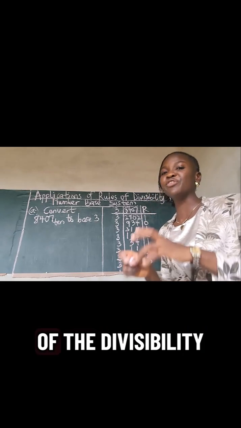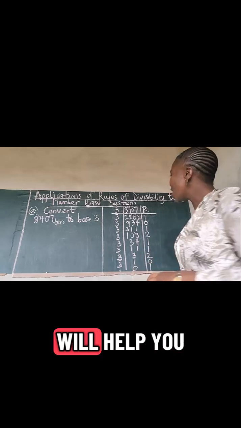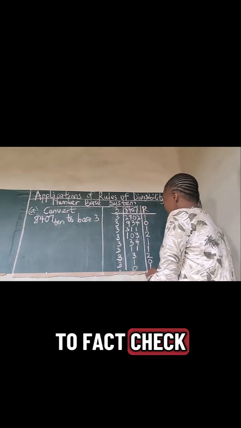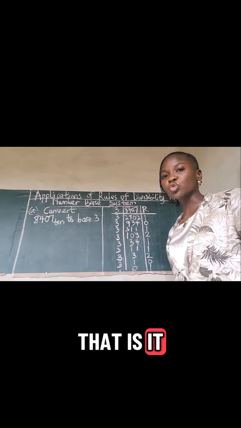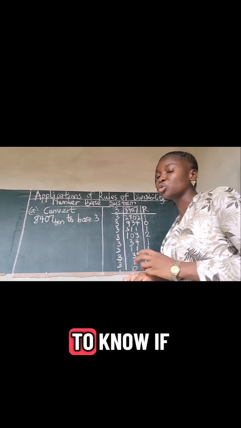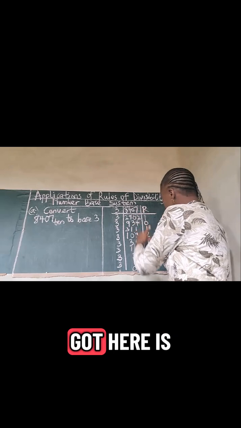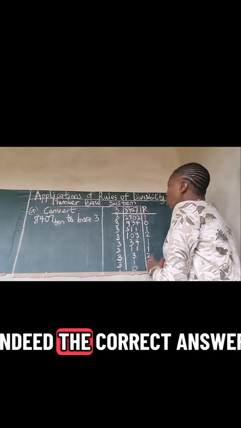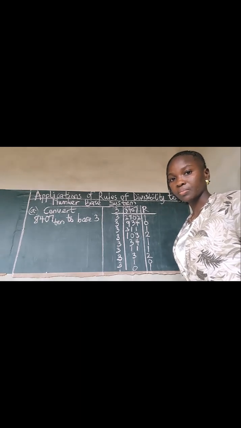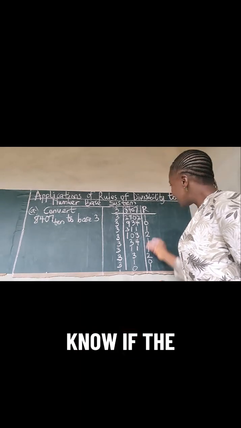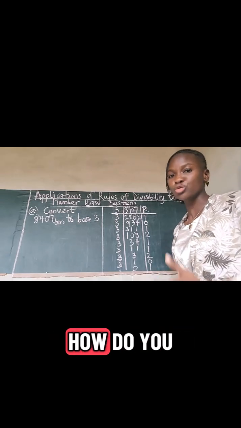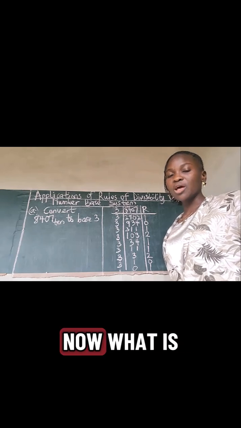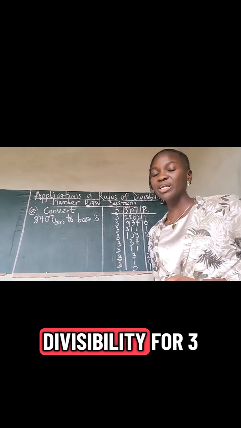Now, the rule of divisibility for 3 will help you to fact check the remainders you got here, that is, to know if the remainders you got here are indeed correct. Now, what is the rule of divisibility for 3?